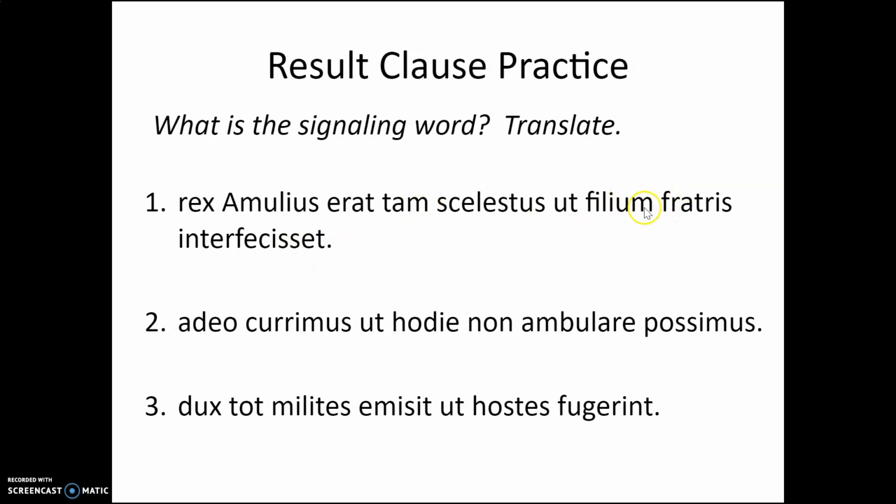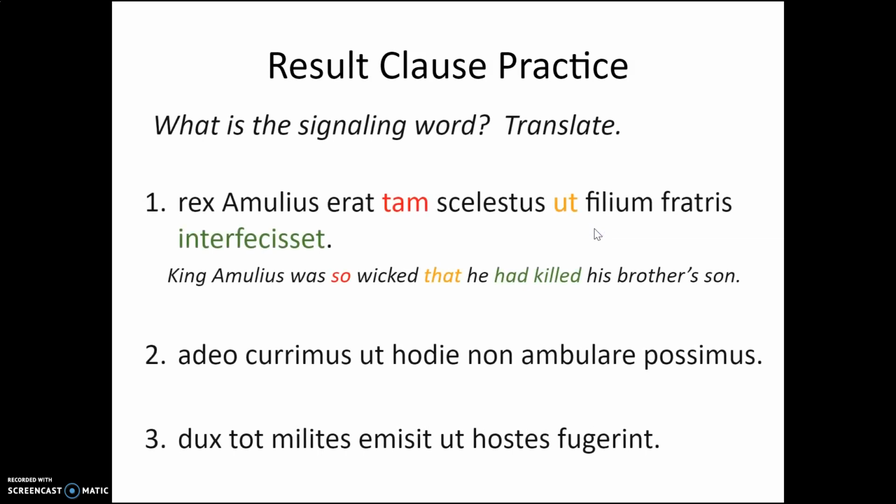I see that filium here is accusative, so I'm just going to translate this as that he had killed the son of his brother. So here we go, beautifully color-coded. King Amulius, there's my signal word, was so wicked, ut, that he had killed his brother's son.